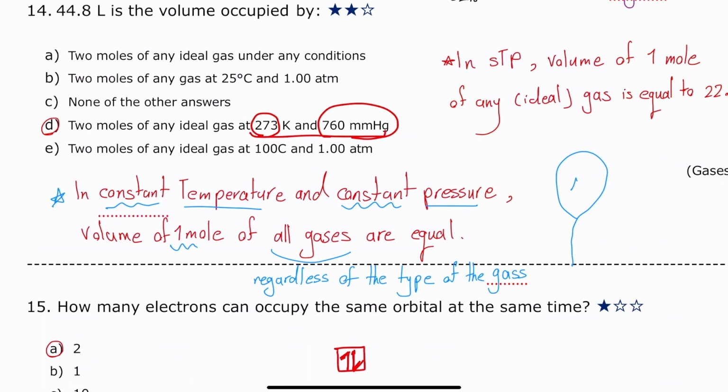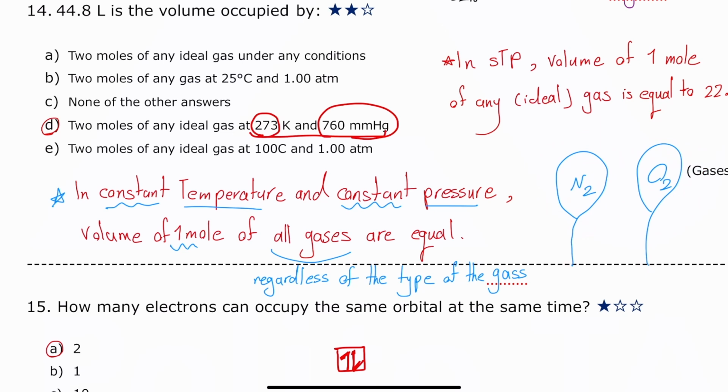For example, I put 1 mole of nitrogen here, and here I put 1 mole of oxygen. Then if you calculate the volume, you will see that these two balloons have the same volume. This could be surprising because this one is nitrogen and this one is oxygen.